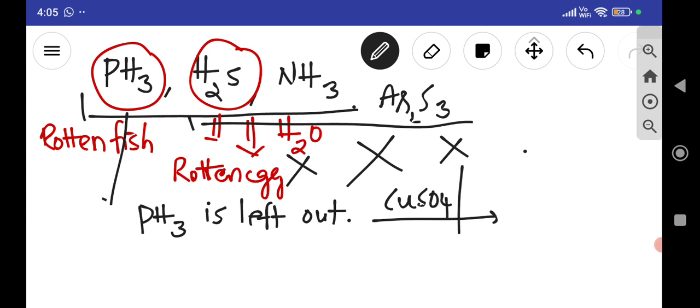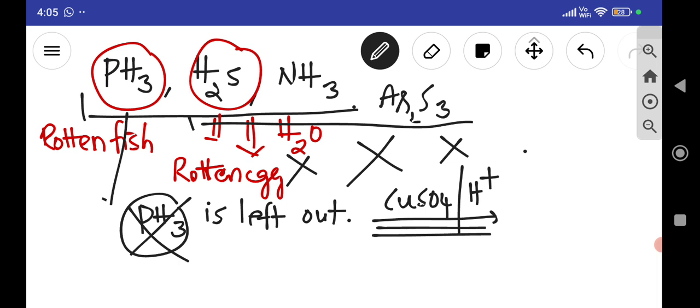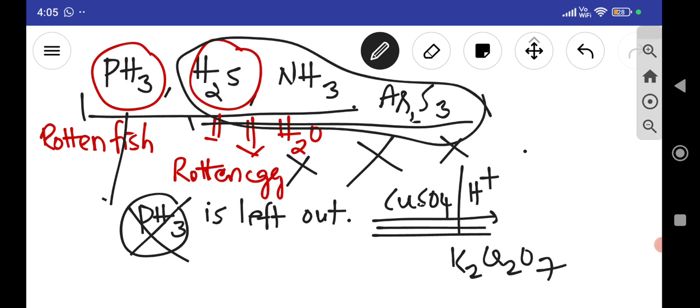In the presence of H plus, acidified copper sulfate will take up the phosphine and you are going to get products with the copper sulfate. So phosphine can be removed by the addition of acidified copper sulfate, or you can also add acidified K2Cr2O7. Hope you have understood this. First add water to remove H2S, ammonia and arsine. Then add acidified copper sulfate or acidified potassium dichromate so that you can remove phosphine.